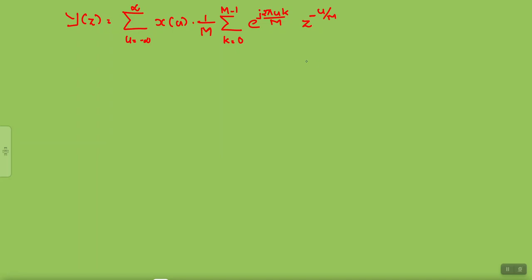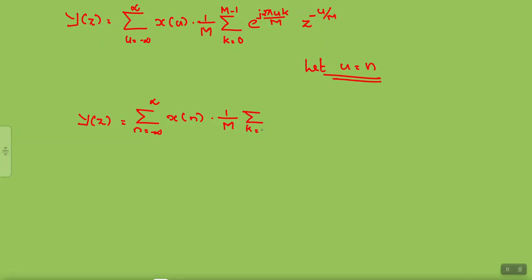Now let us take u as n for our convenience. y of z is equal to summation n equal to minus infinite to plus infinite x of n into 1 by m summation k equal to 0 to m minus 1 e raised to plus j 2 pi nk by capital M into z raised to minus n by m.